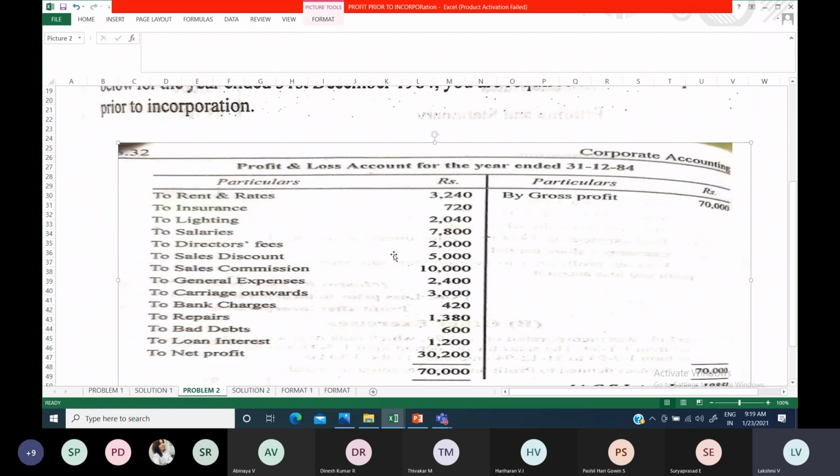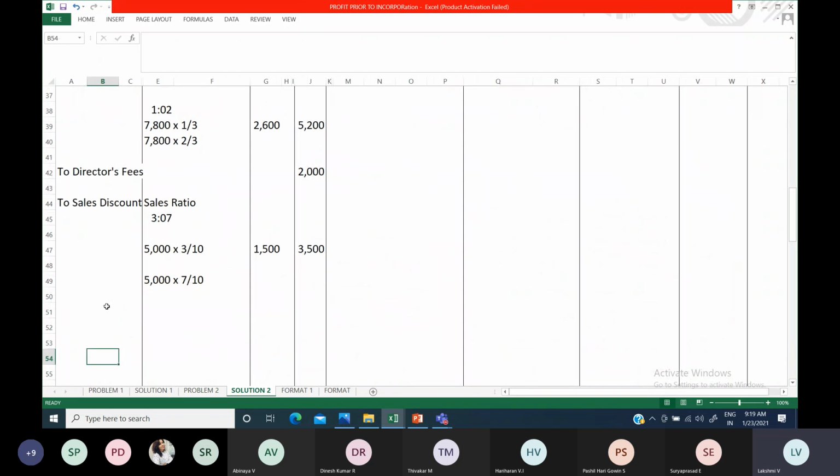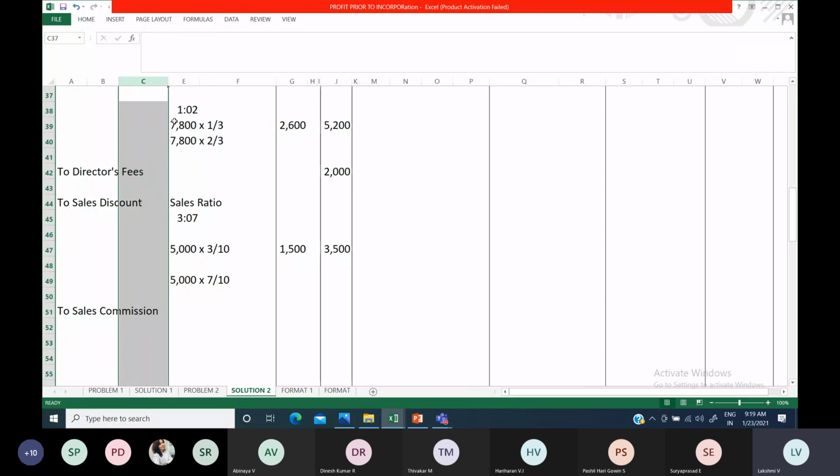The sales commission, 10,000. Again sales ratio. Whatever items, however they are giving, in that same manner you write it out. Sales commission means fully you have to mention sales commission. So sales commission, again sales ratio, 3:7.